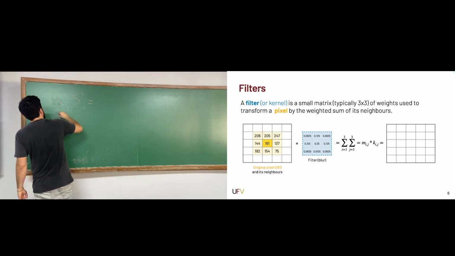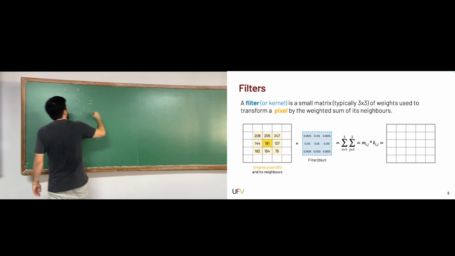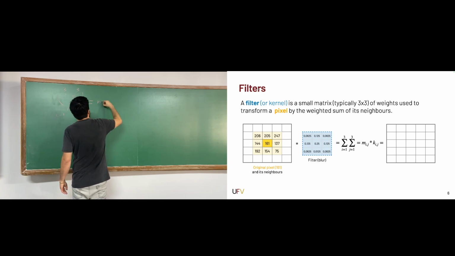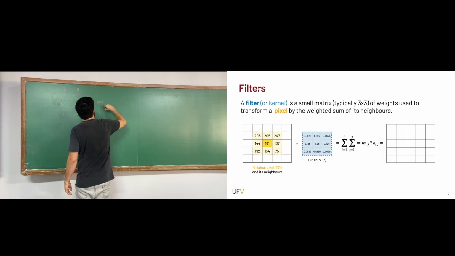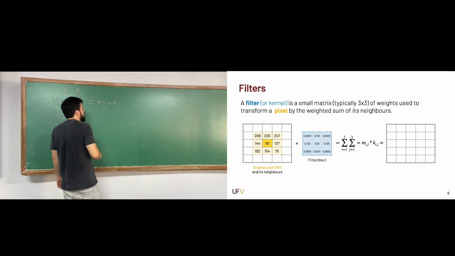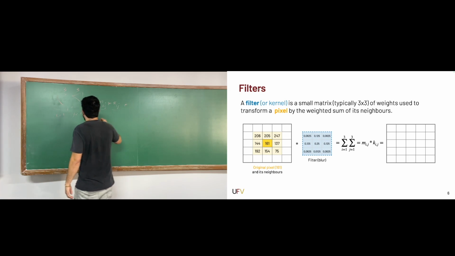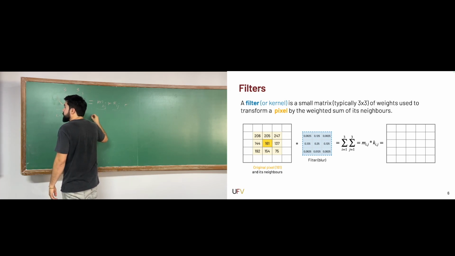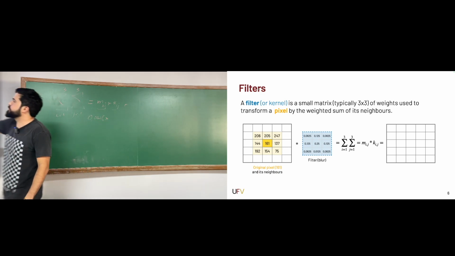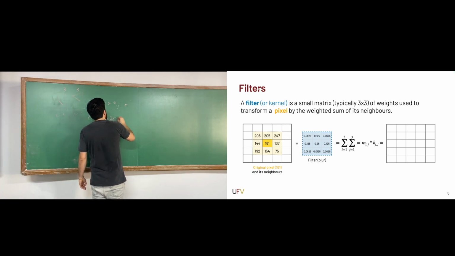The formula is M_ij times K_ij, where M_ij is the pixel value and K_ij is the weight value. So for that example, we would have this result: 0.0625, applying this very first weight to the 206 pixel, right?